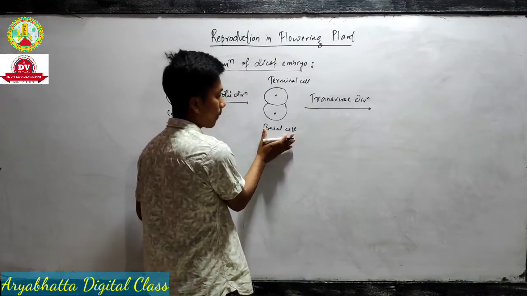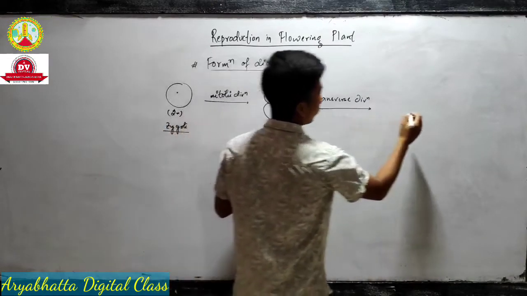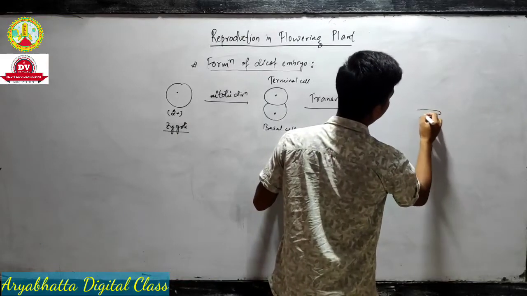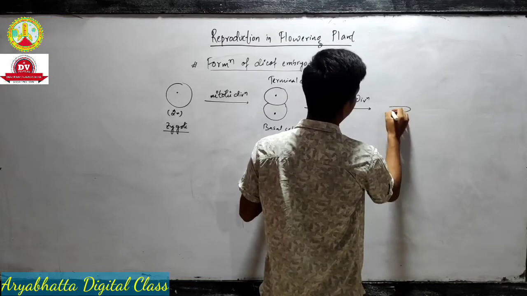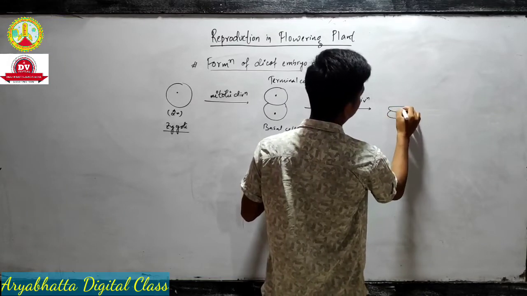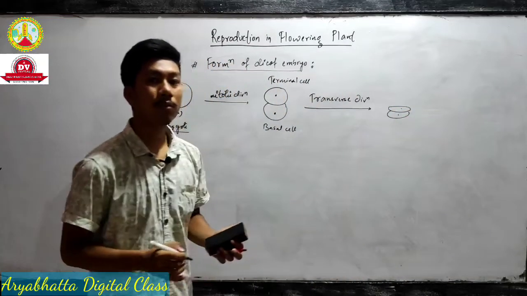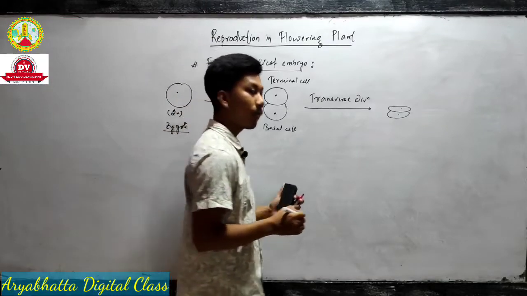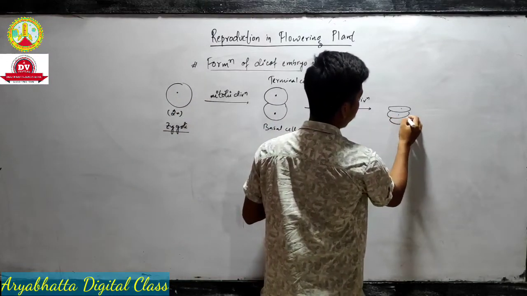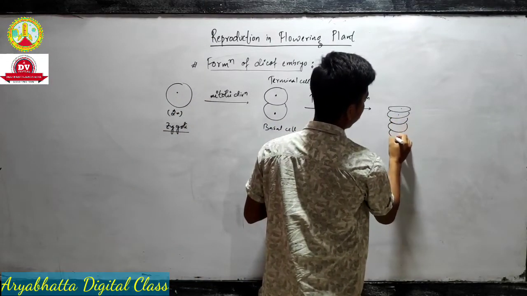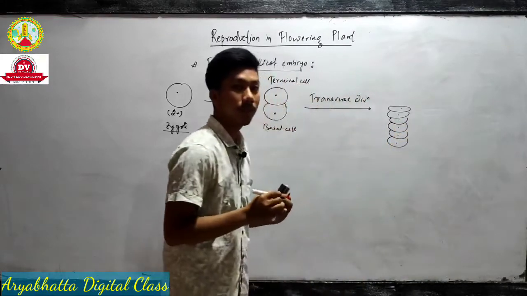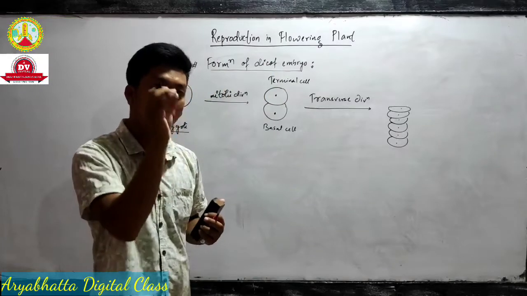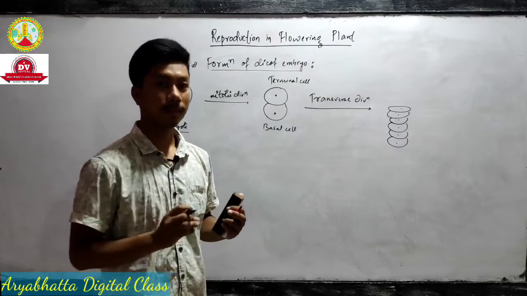The basal cell, the one cell, first it will form two cells. From one cell it will form two cells, and those two cells will give rise to four cells, and so on. It will give rise to a long chain of cells.